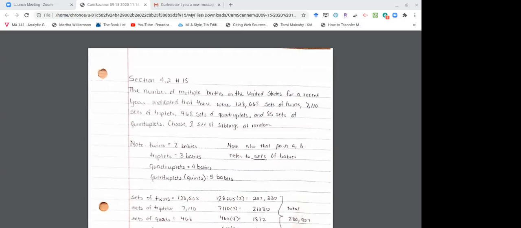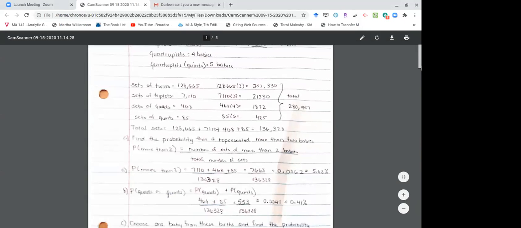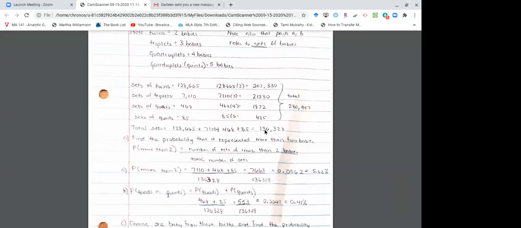So as you see further down, I've computed for you the number of sets that we have. I just took the information that they gave me, and you see that the total number of sets is 136,328. Now, we don't know sets of what. This is where we lose information.